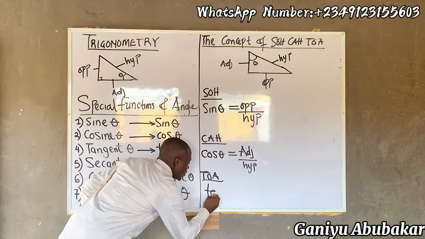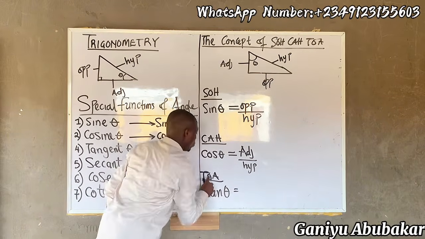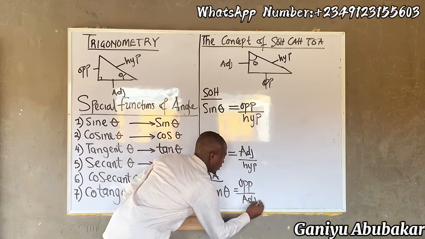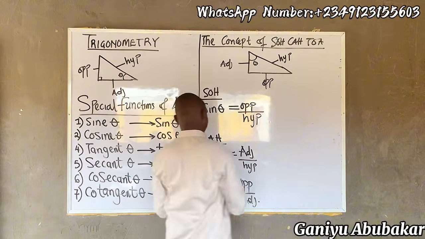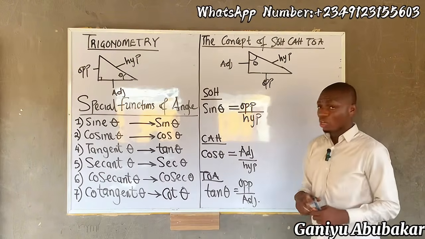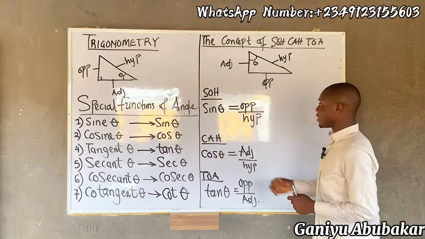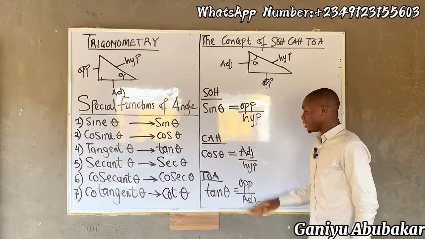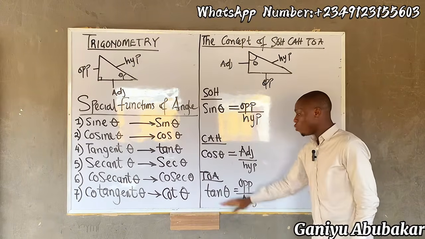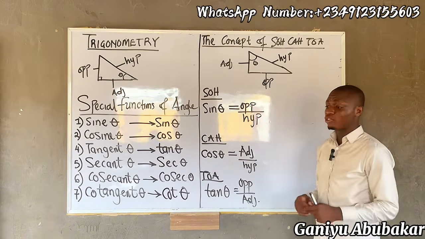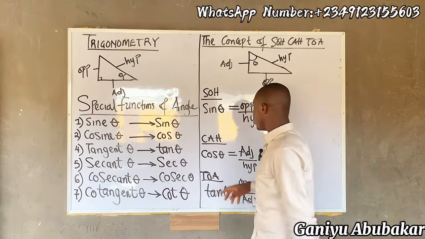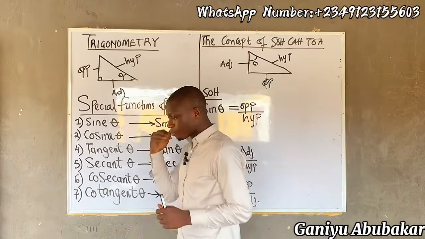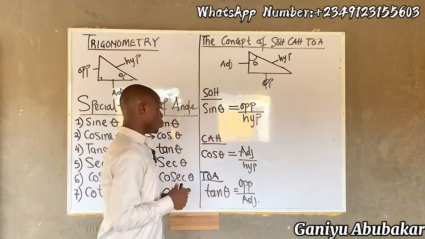So tan theta is equal to opposite over adjacent. All right, so note these three concepts of SOH CAH TOA and what they mean. Sin theta is opposite over hypotenuse, cos theta is adjacent over hypotenuse, while tan theta is opposite over adjacent. So this is how you work with SOH CAH TOA in a given right angle triangle.